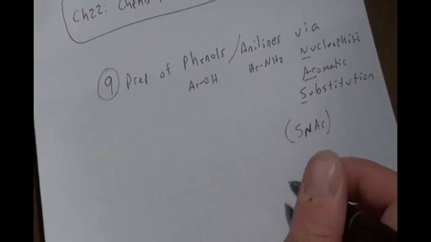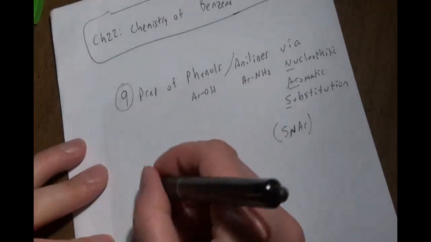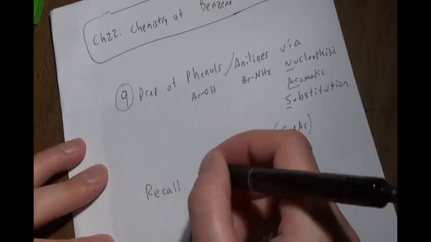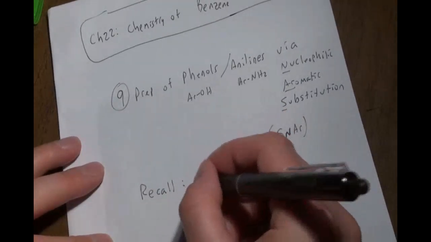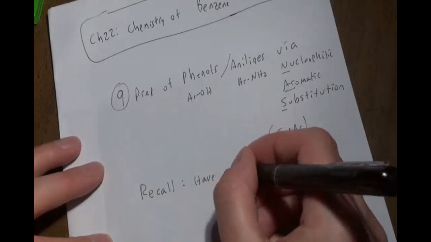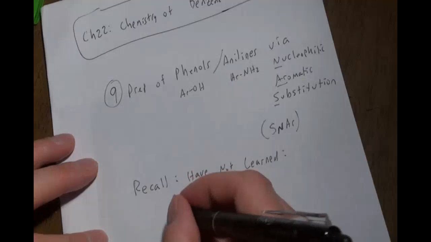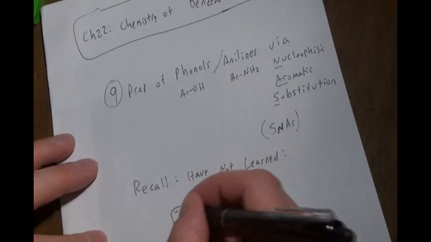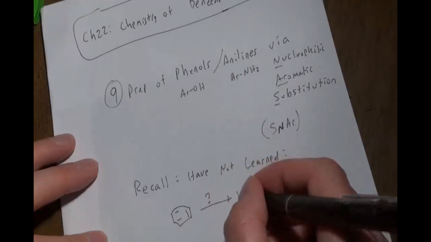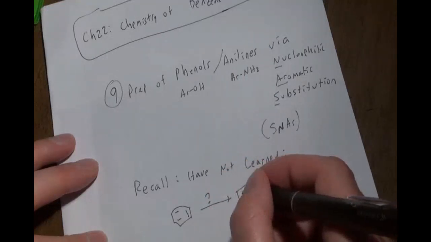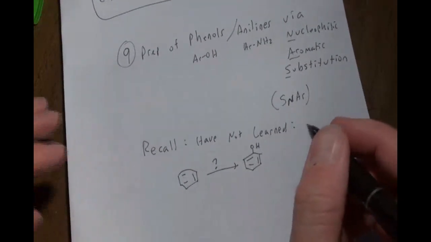So let's think back a bit and recall that we never really learned a way to make a phenol. We have not learned how to take a benzene and make a phenol, an aromatic alcohol.